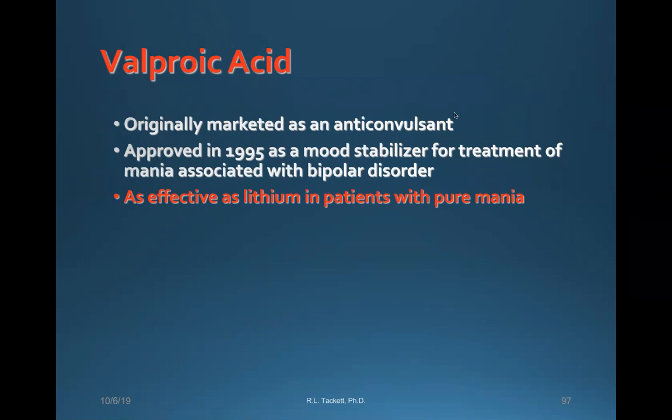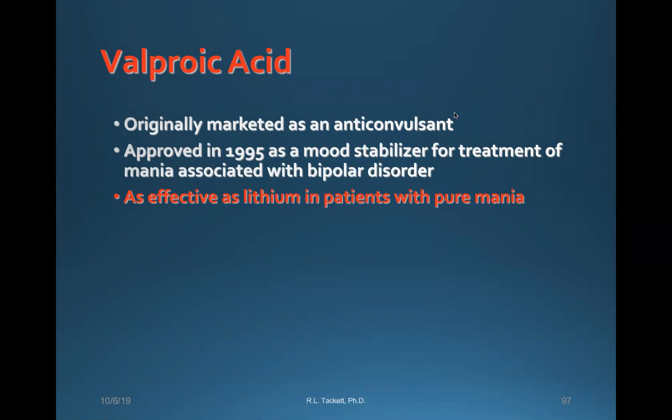All right. So let's move to the next drug that's used here, and a very common one used is valproic acid. Valproic acid, valproate, there are a lot of different names for it, but it originally came out as basically an anticonvulsant, and then in 1995 it was actually approved by the FDA as a mood stabilizer, specifically for the treatment of mania that's associated with bipolar.